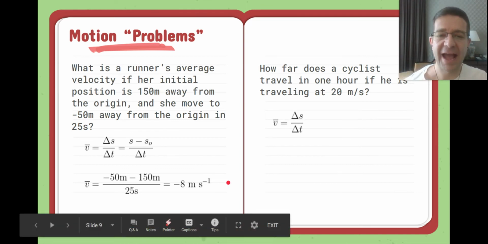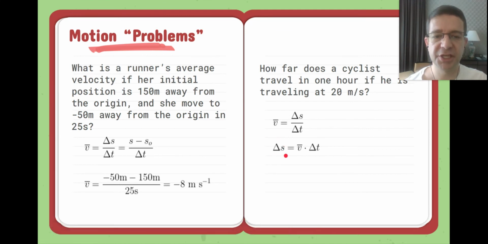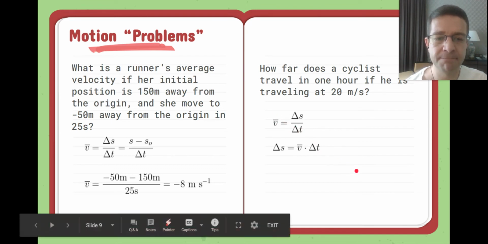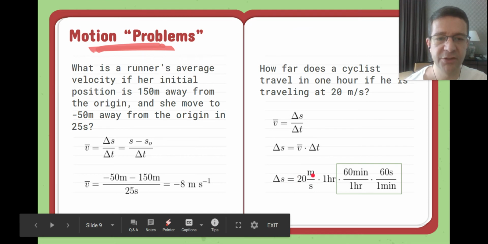Again, we'll start with our average velocity expression, but this time we'll rearrange it a little bit, multiplying both sides by delta t. So that we have the change in position, or the displacement, is equal to the average velocity times the time interval. We've just multiplied both sides by delta t. And now we'll take the velocity, 20 meters per second, and multiply it by 1 hour.